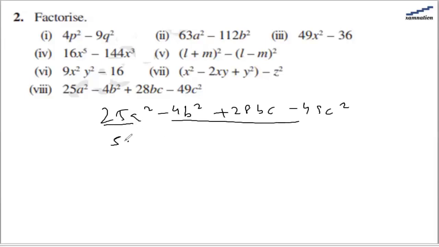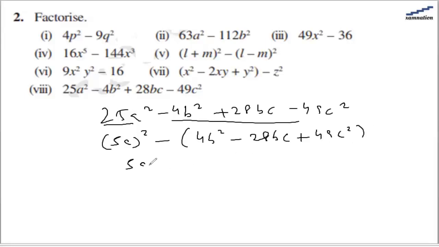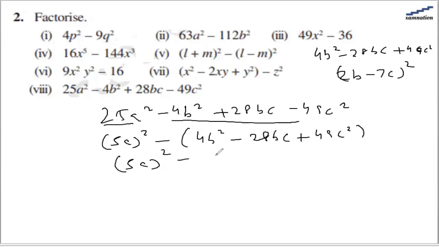So we have 5a whole square, and this will be minus, in the bracket, 4b square minus 28bc plus 49c square. This will give us 2b minus 7c whole square.